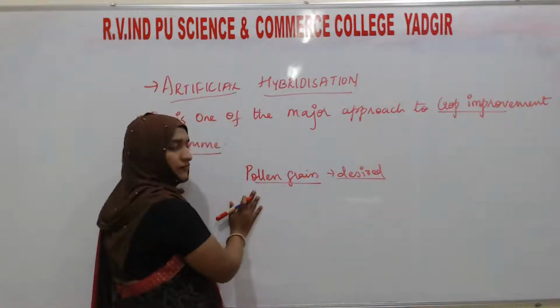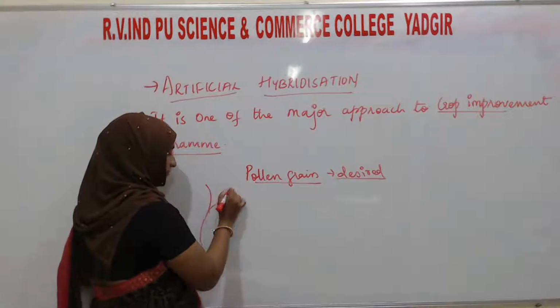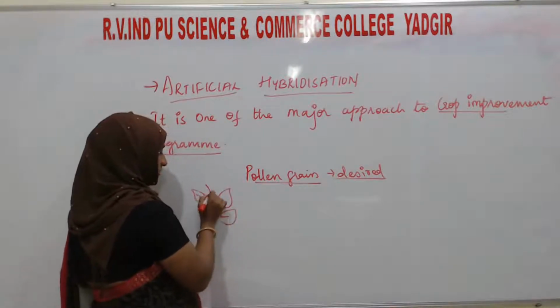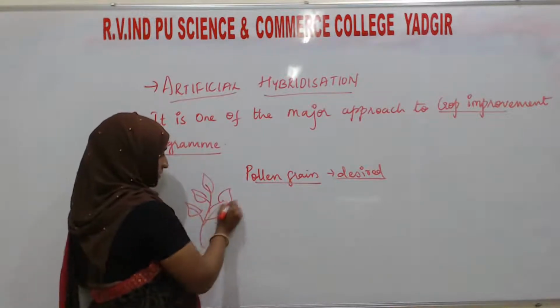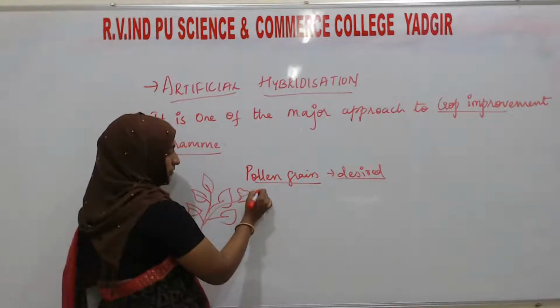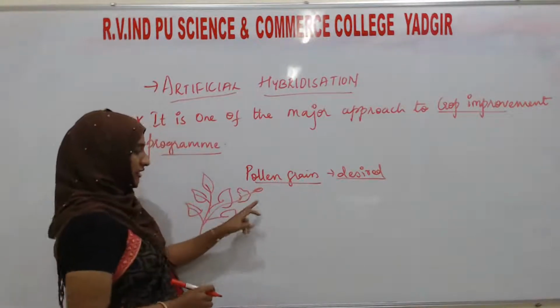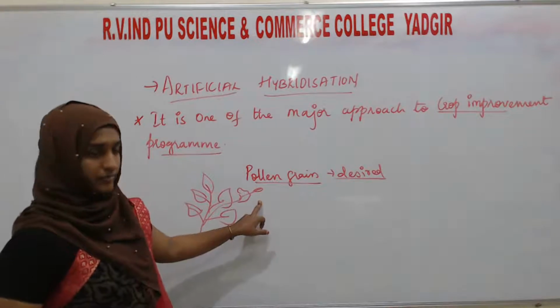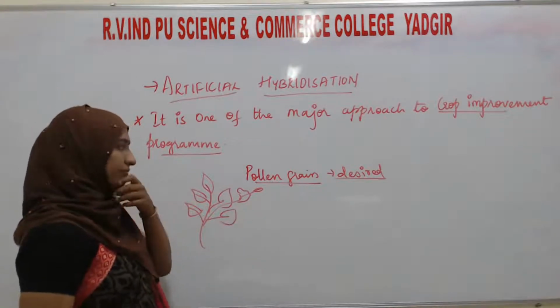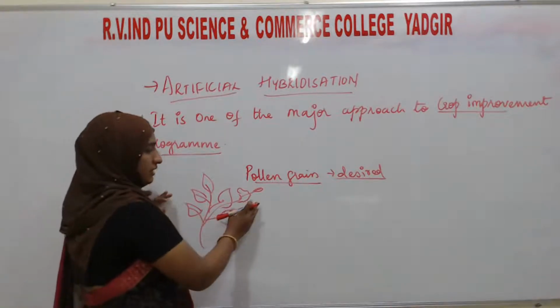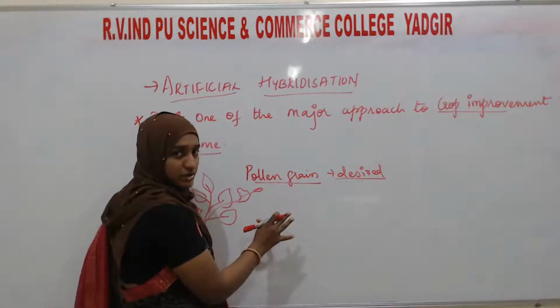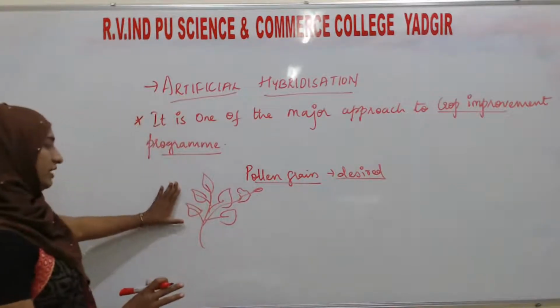For example, this is one plant, with a flower, and this is the male part, the anther. What they are doing here is artificial, not natural.